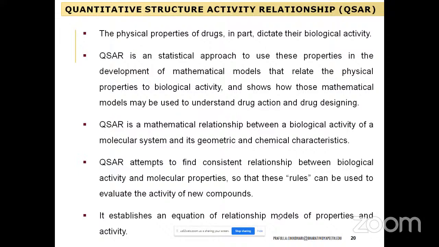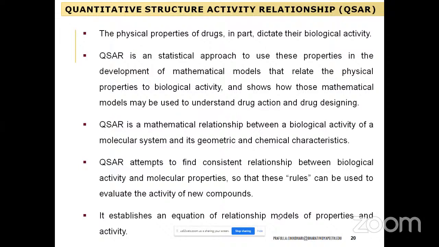It is the major parameter which decides whether a molecule reaches the site of action or not, or whether it gets absorbed or not. These physical properties are often utilized in overcoming the physical barriers present in the human body.